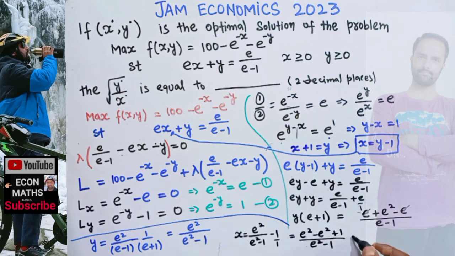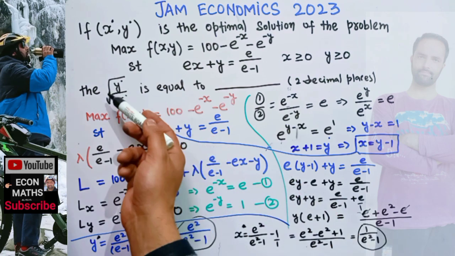So e square gets cancelled. We get 1 divided by e square minus 1. We got the value of x star and y star. Let us say this is our y star, which is equal to this stuff, and this is our x star, which is equal to this stuff.